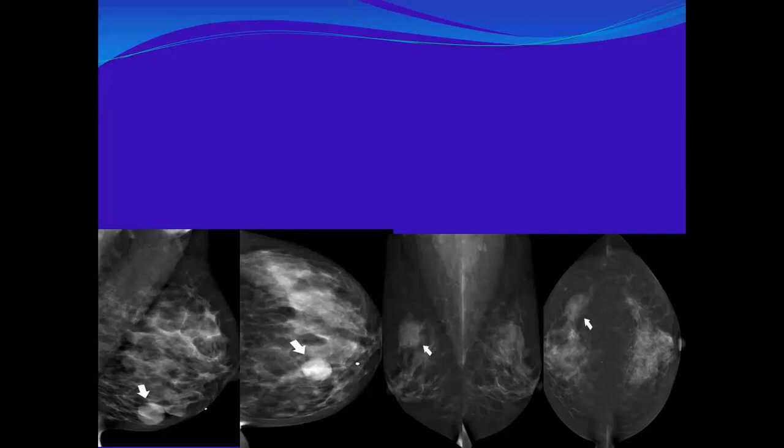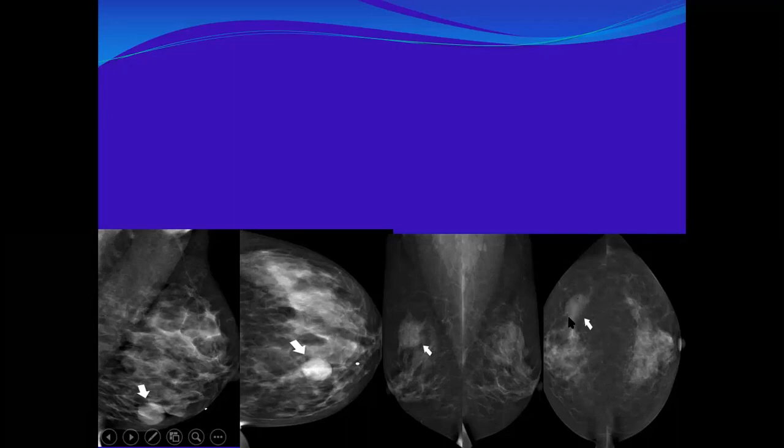What else? It is not seen as a rounded mass on craniocaudal view. Not necessarily rounded. It can be irregular, but it has no persisting shape. Okay, and what else? There is lucency within.